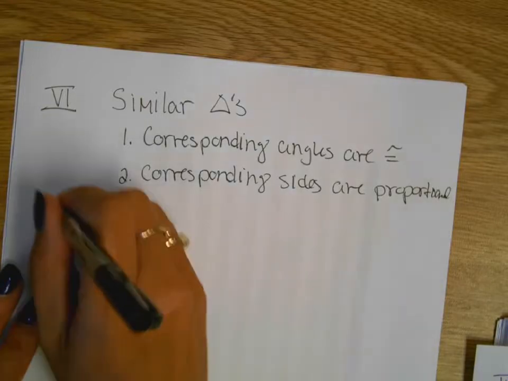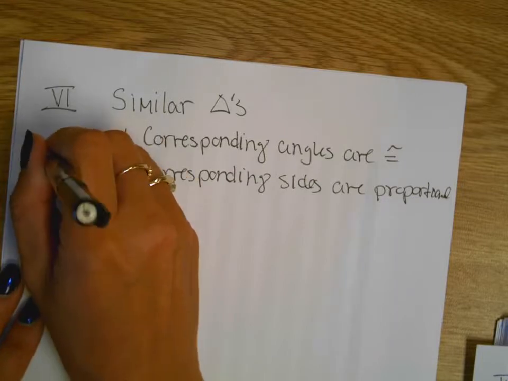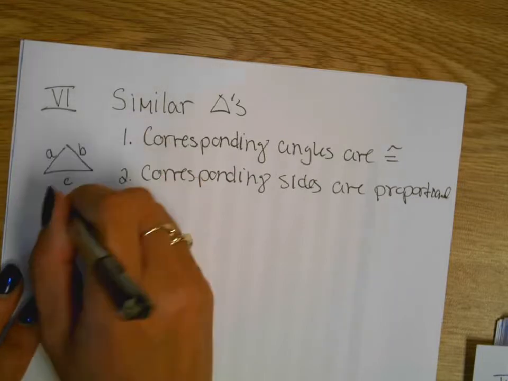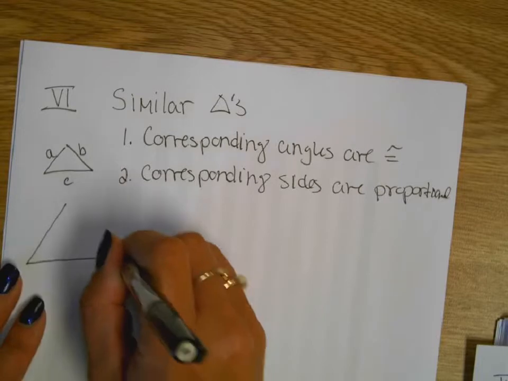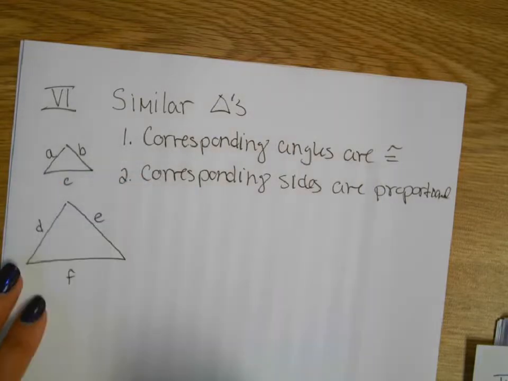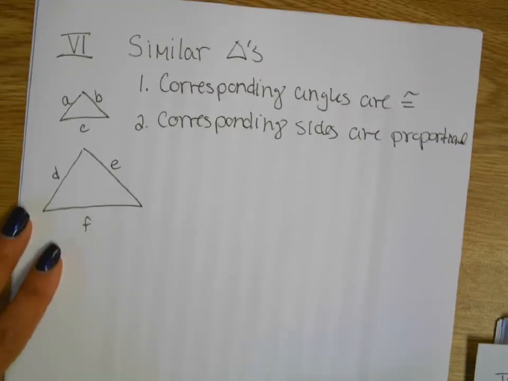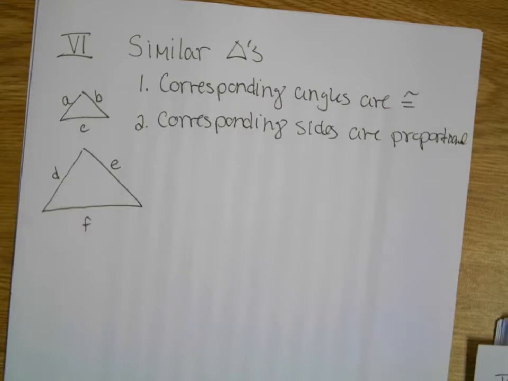So what that means, draw my 2 triangles over here. A, B, C, D, E, F. Try to draw them similar. So like Ben said, when you set up the sides, they have the same ratio.